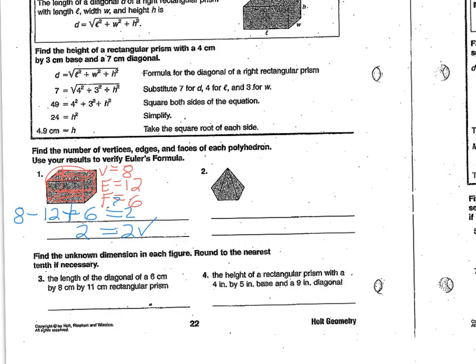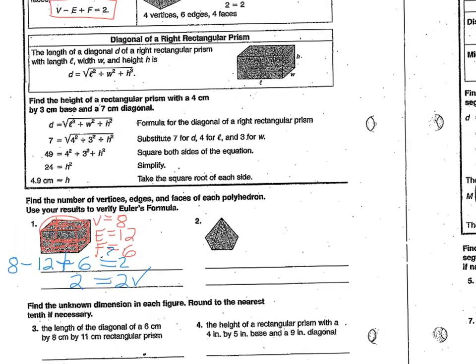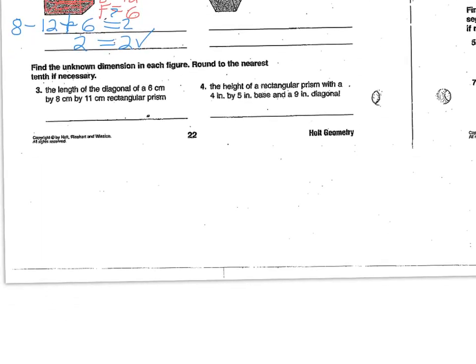Okay? Now, the next item says, find the diagonal of a rectangular prism. And this is a formula. The formula is just a method of putting the length squared plus the width squared plus the height squared. So if I look at number 3, it says, find the length of the diagonal.